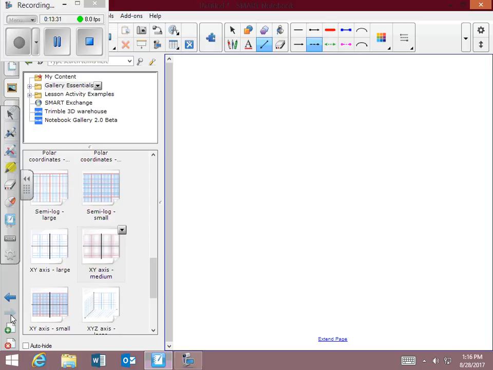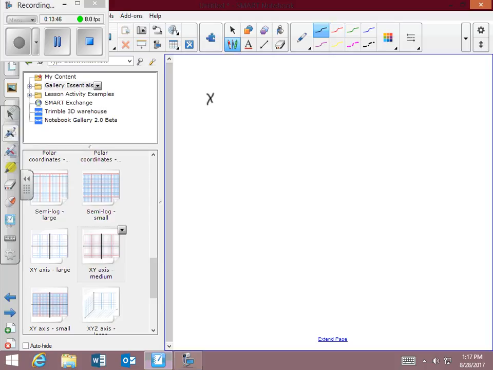Okay, the next objective B, notice it says x-intercepts and y-intercept. So what we want to do is define x-intercept and y-intercept.